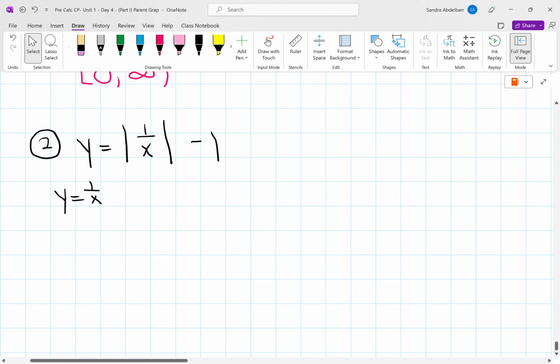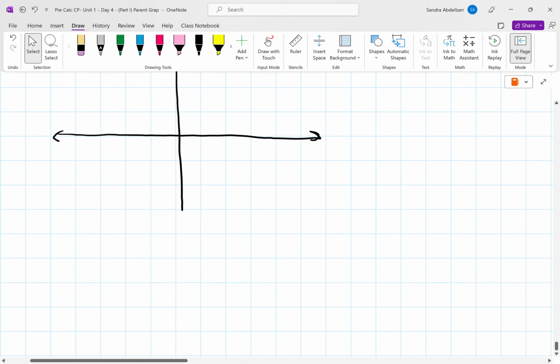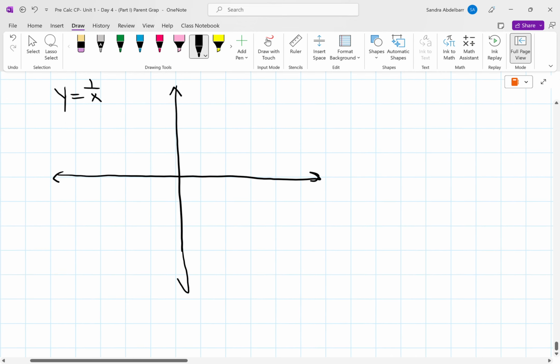Okay, so let's just look at y equals 1 over x. Do you guys remember this as the rectangular hyperbola? So the important thing with the rectangular hyperbola are the asymptotes. And remember, there's an asymptote on the y-axis. And there's an asymptote on the x-axis.